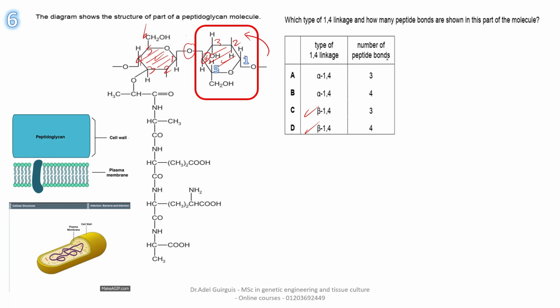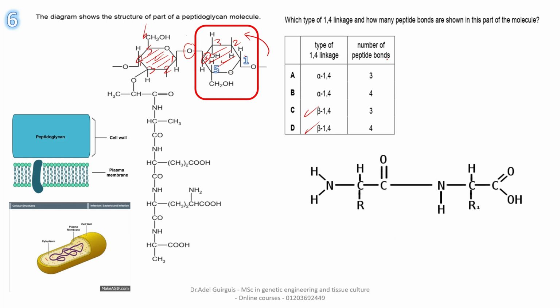A peptide bond is formed when two amino acids are joined together. How come? The NH2 from the right amino acid donates a proton, I mean H plus, and the carboxylic acid group of the left amino acid donates OH.